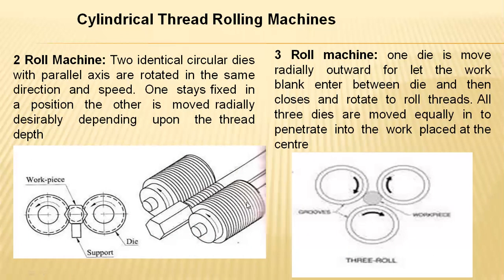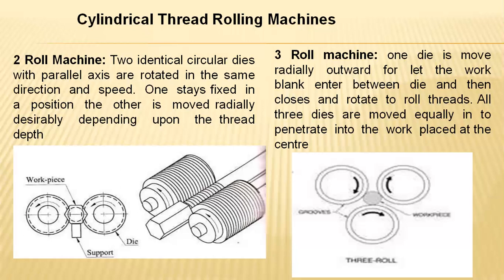But one of the dies stays fixed, see here, and the other die moves radially, up to the desired depth of the thread that needs to be obtained for the material. So desired depth means up to particular feed conditions maintained in the machining process.